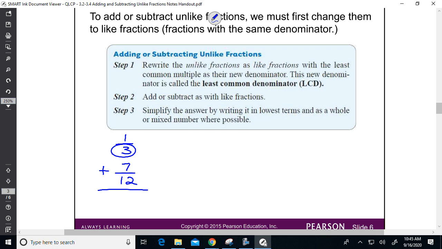So we look at our denominators and we ask ourselves, is there anything times 3 that will give me 12? Or is there anything times 12 that will give me 3? Because I need to make these the same. Since I know 3 times 4 will give me 12, multiply the first fraction by 4.